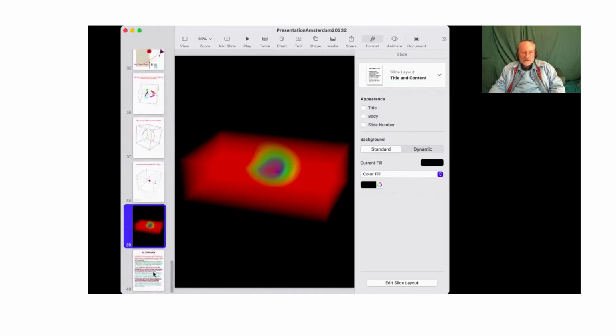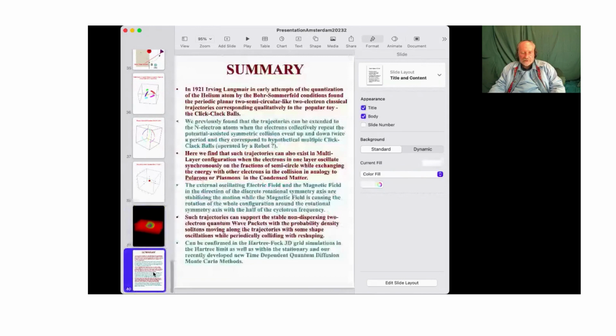Okay, so let me, since it's 25 minutes already, I think, let me summarize this presentation. In 1921, Langmuir, in early attempts at the quantization of the helium atom by the Bohr-Sommerfeld conditions, found periodic planar two-electron classical trajectories of two semicircular shapes, corresponding qualitatively to the popular toy, the Click-Clack balls.